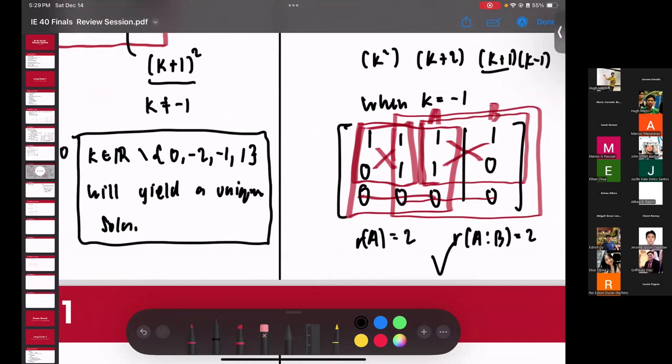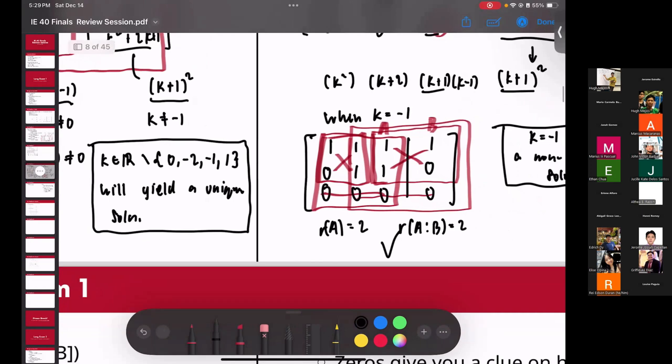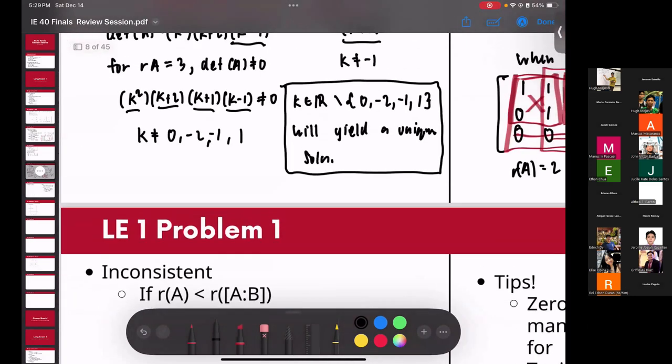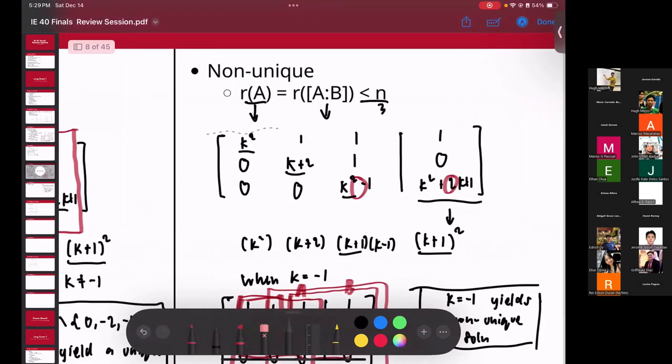So what we're expecting is that the other items will also yield inconsistent solutions. So let's test if that's the case. Let's plug in the matrix again. So I'll copy this again.